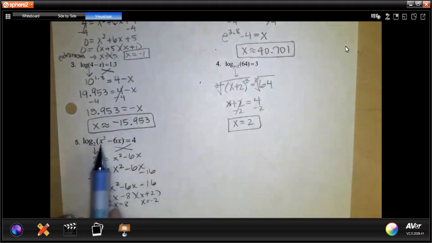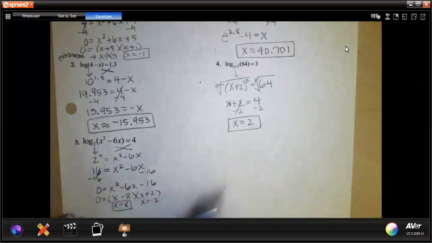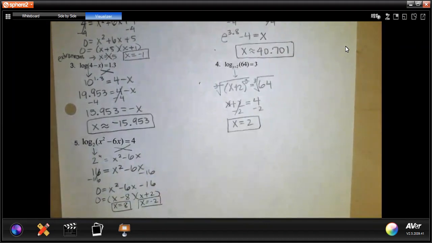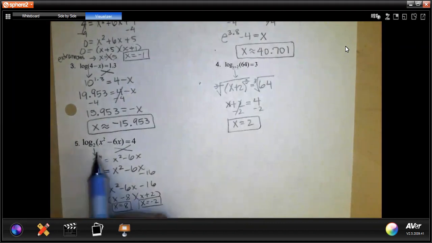So I plug in that 8 here, and that would give me 64 minus the 48, which is a positive, so this works. And then I'd plug in my -2. That gives me 4. And then this gives me a positive 12, which is 16. That works as well. So this one has two solutions. 8 and -2 both work. Just because it was a negative doesn't necessarily mean it's extraneous. Remember, it has to make the argument negative for it to be an extraneous solution.